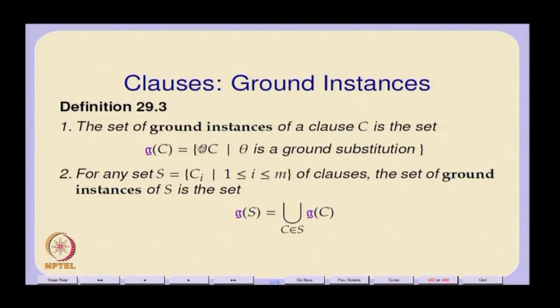So, you can take the set of all ground instances of a clause, and that is essentially taking all possible ground substitutions for the free variables of the clause. I am regarding it as creating, for each clause, a collection of ground clauses. So, for each ground substitution theta, there is a new clause theta C which is completely variable free and which is a ground clause.